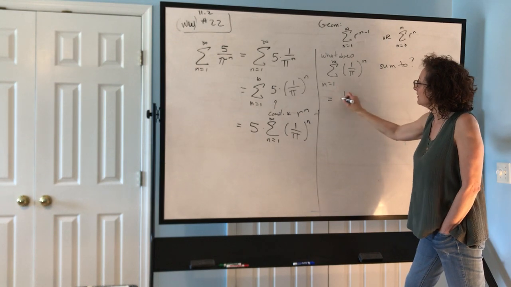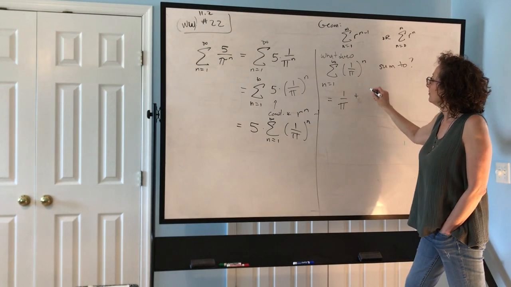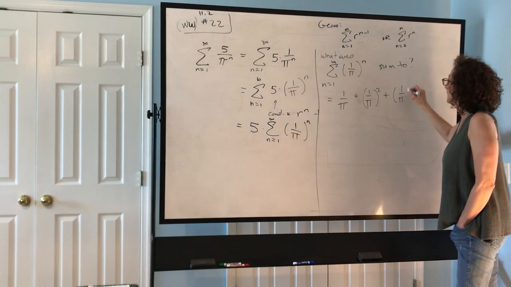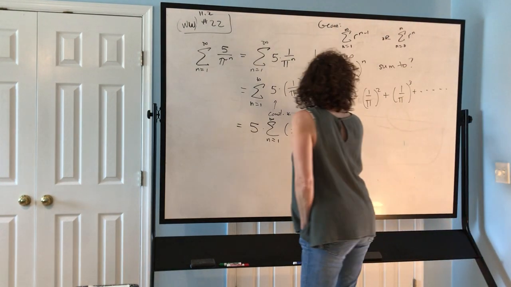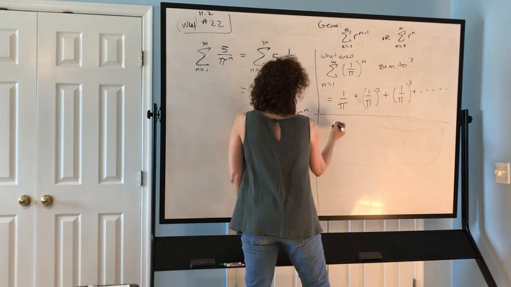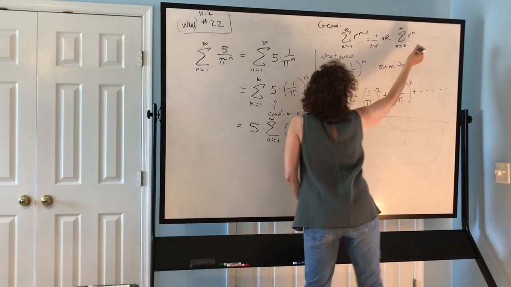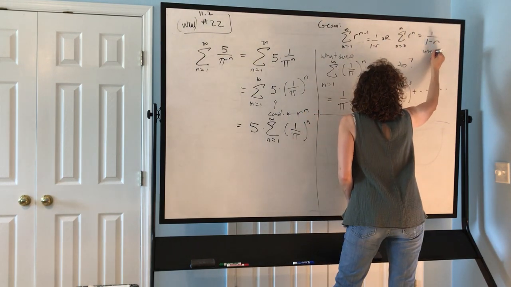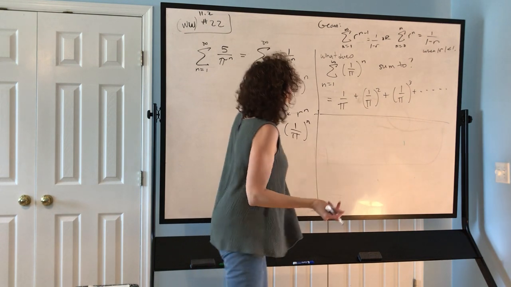When n is 1, it's 1 over pi to the 1, plus 1 over pi quantity squared, plus 1 over pi quantity cubed, on and on forever. That's what that series is. Now, what do we know that these guys sum to? 1 over 1 minus r, when r in absolute value is less than 1.